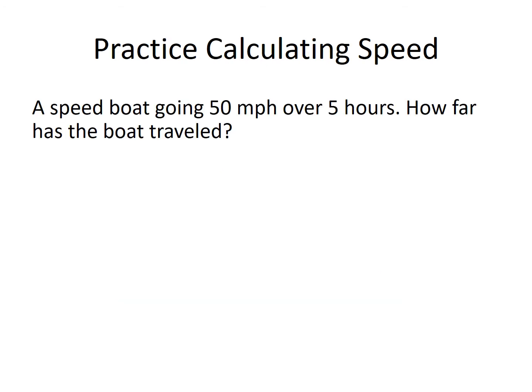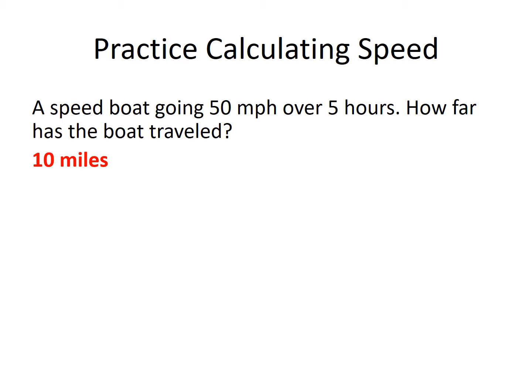Alright, so let's practice. So it has a speedboat going 50 miles per hour over 5 hours. Now we're calculating this time for how far. So we're calculating for distance. So if you put it in your formula chart correctly, you would have gotten 10 miles as an answer.